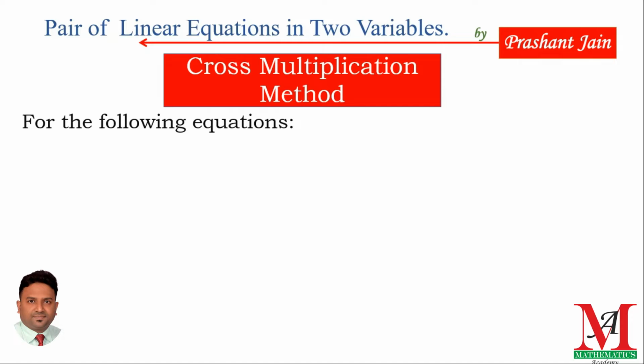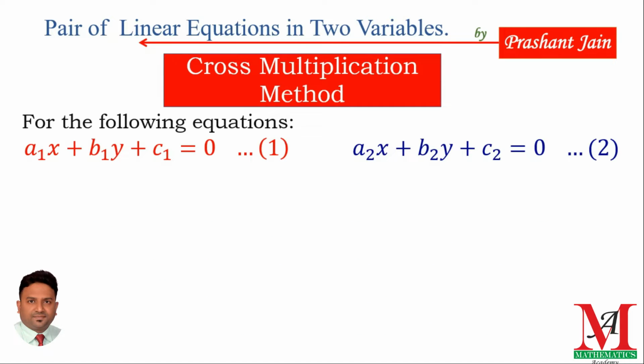Now let us consider the general equations, which are on your screen. Here we first take the variables involved in the equations, that is x and y, and always take the constant 1 in any question.